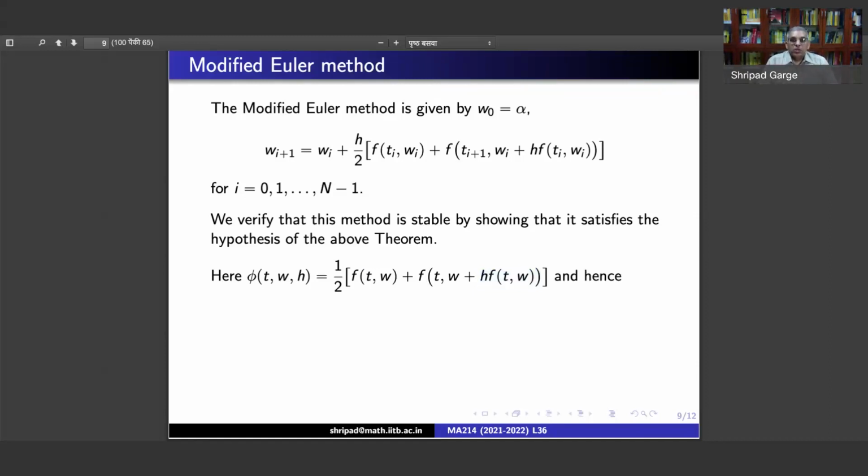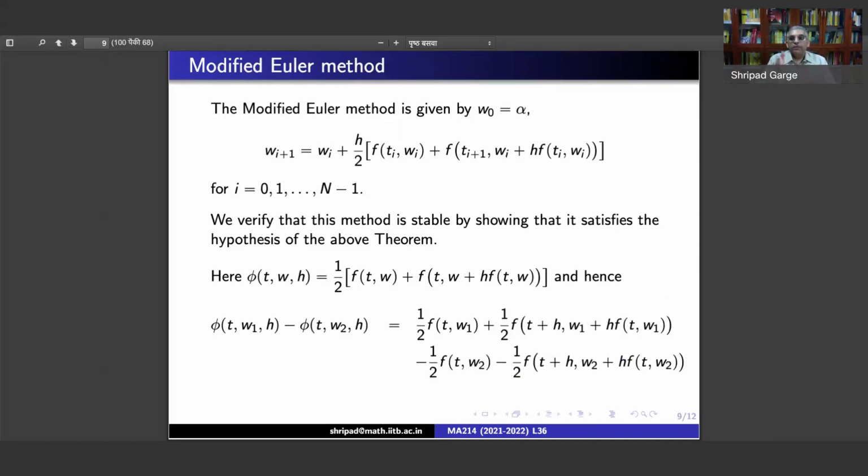Okay. So let's look at the Lipschitz condition. First of all, we need to take the differences whenever we have W1 and W2. We need to see that the Lipschitz condition is satisfied in the variable W. So we will simply take the right hand side differences, and we have 1 by 2 f(t, W1) plus 1 by 2 f(t plus h, W1 plus h f(t, W1)) minus 1 by 2 f(t, W2) minus 1 by 2 f(t plus h, W2 plus h f(t, W2)).